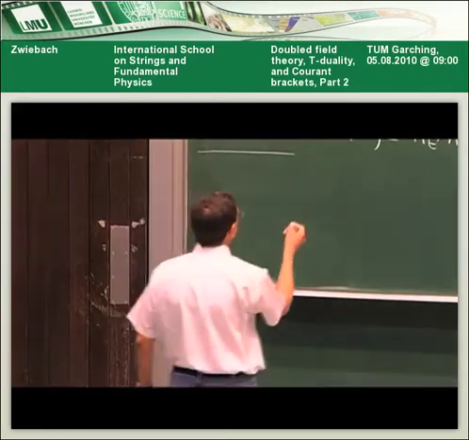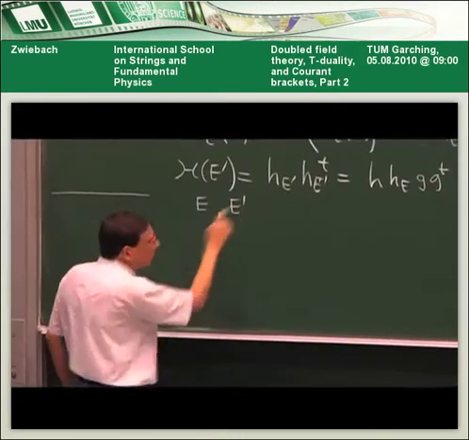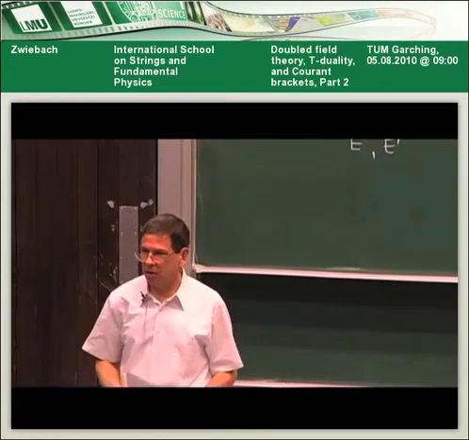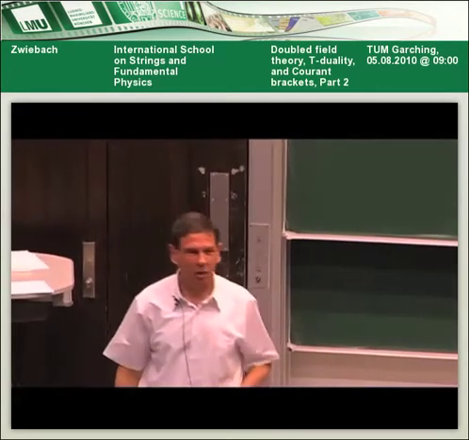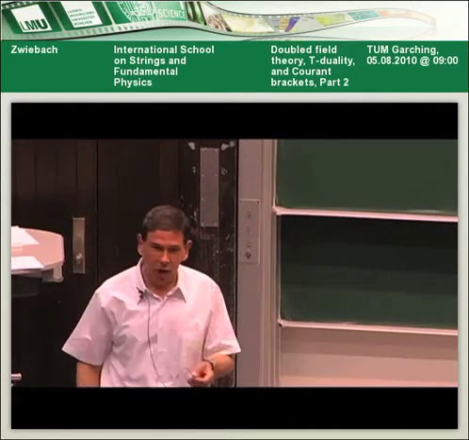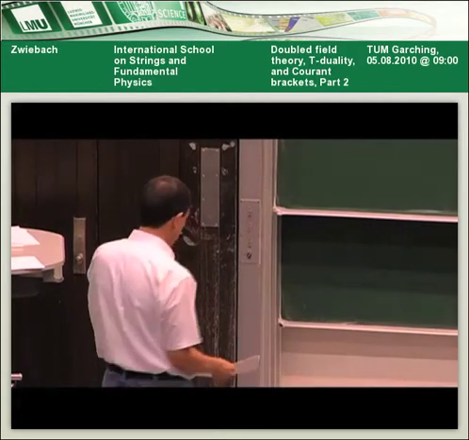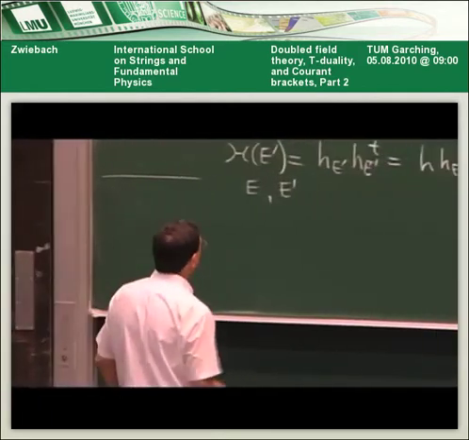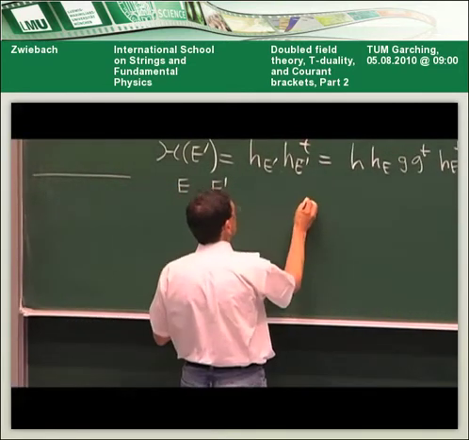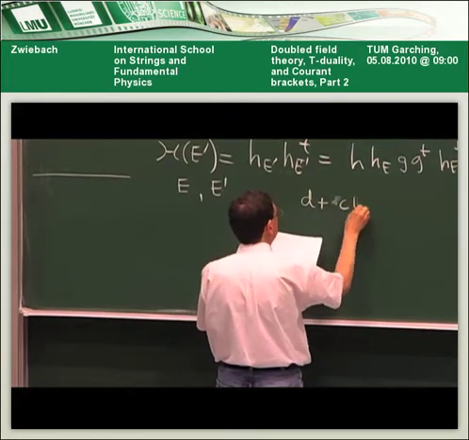So we said that we have E and E prime, and they're related in an intricate way, this linear fractional matrix transformation. So it's not all that easy to see how G and B transform. So you need a little bit of ingenuity to relate G prime to G, and there's one formula that does it. I'll write it here.